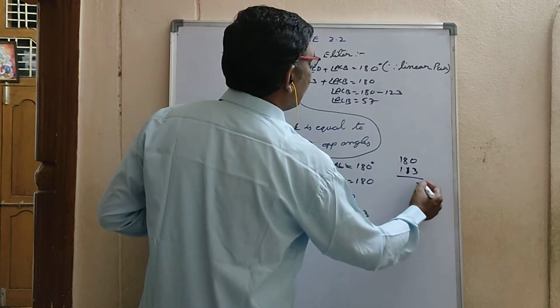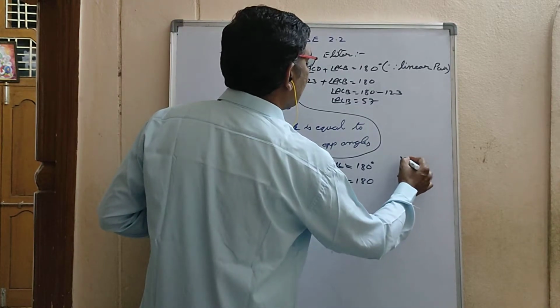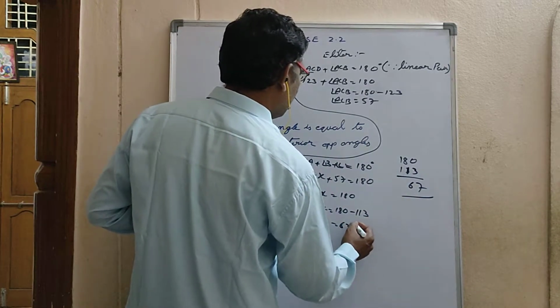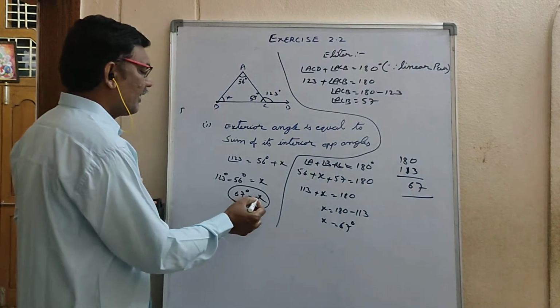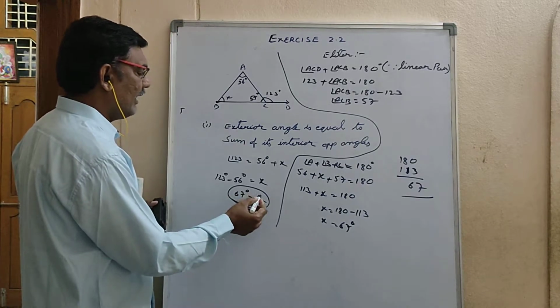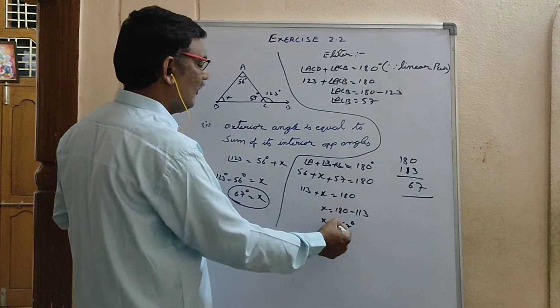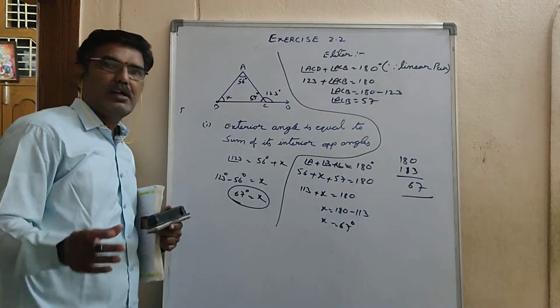Ten minus 3 is 7. Borrowed 1, 7 minus 1 is 6. How much did you get? 67 degrees. In this process also you got the value of x as 67 degrees.